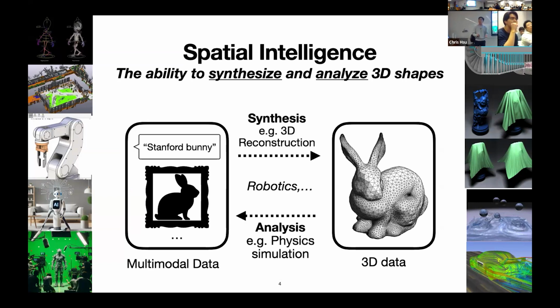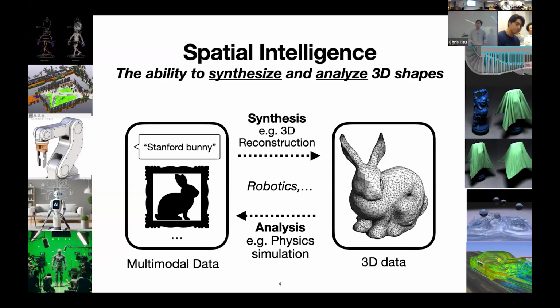You take an image as input and output 3D shapes. This is a type of 3D synthesis task. And physics simulation can be thought of as a 3D analysis task, where the input is a 3D cell together with some other physics parameters, and then the output is potentially an image that contains the physics parameters needed in order for you to understand the underlying shapes.